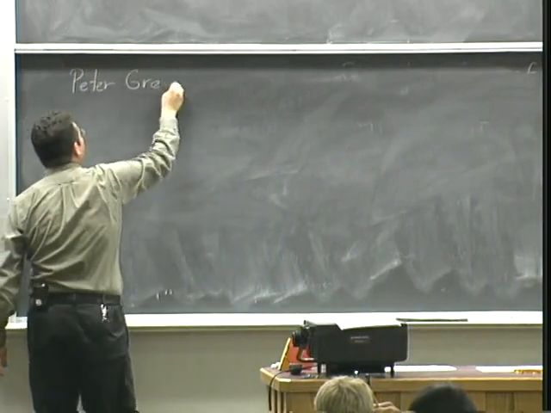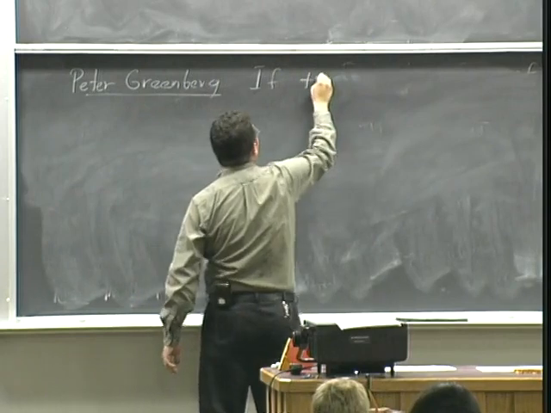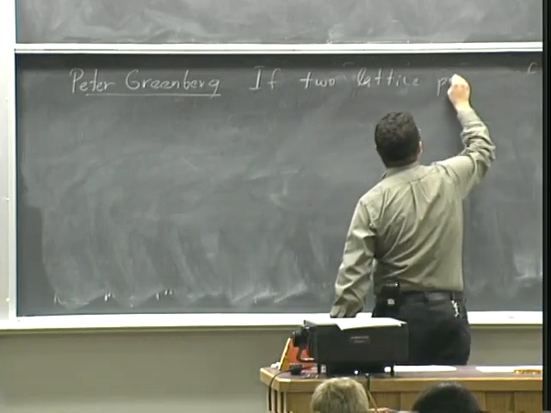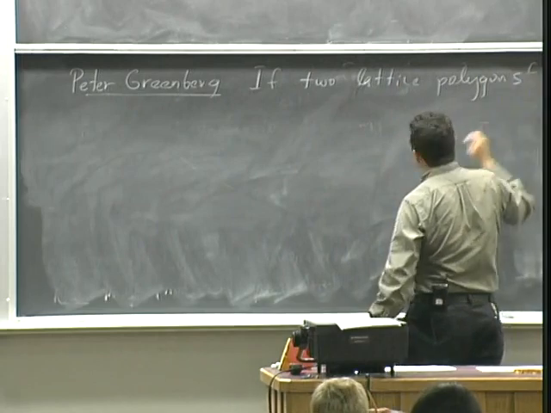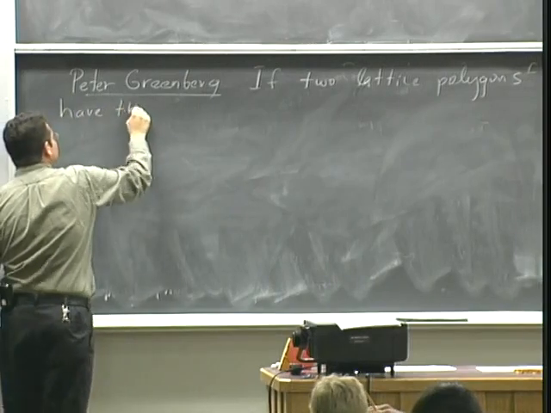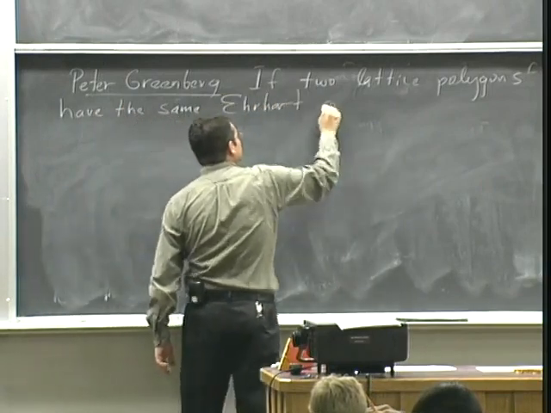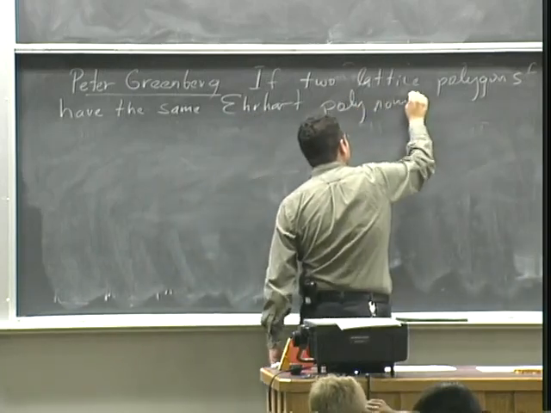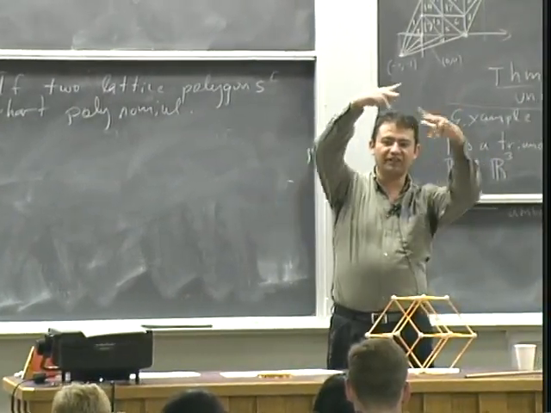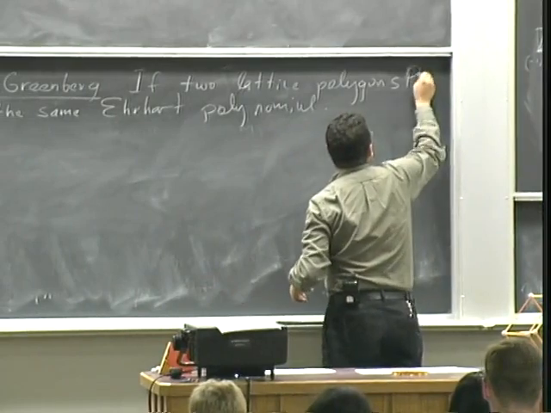He proved that if two lattice polygons, let's call them P and Q, have the same Ehrhart polynomial, then you can find a triangulation of one that you can cut through the triangles, rearrange, and get the other.